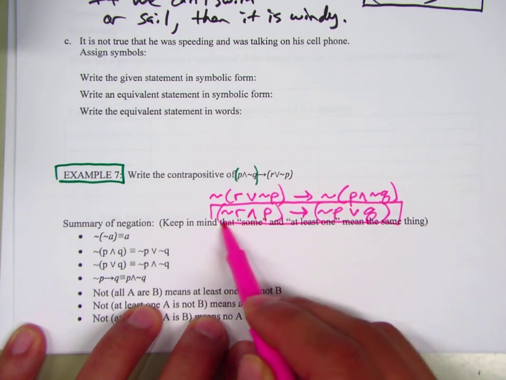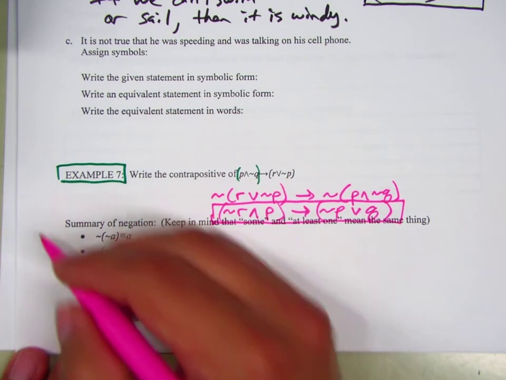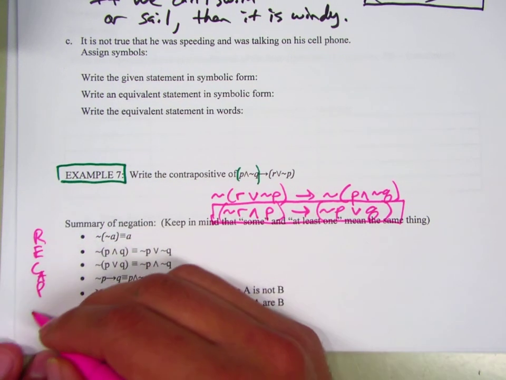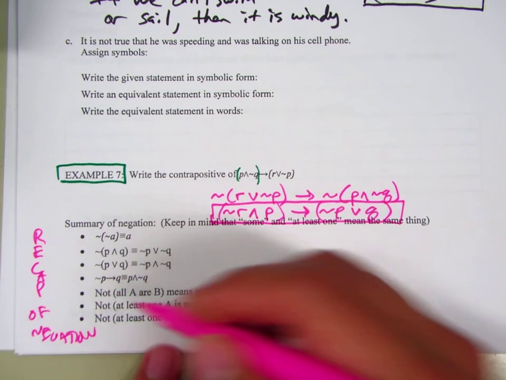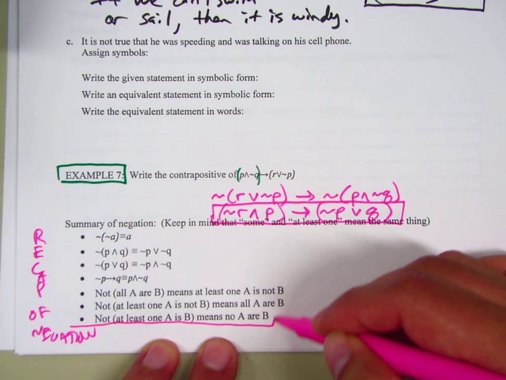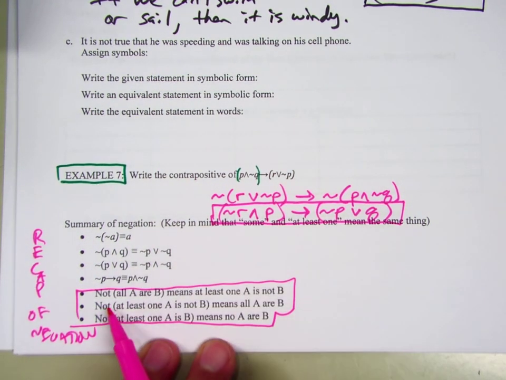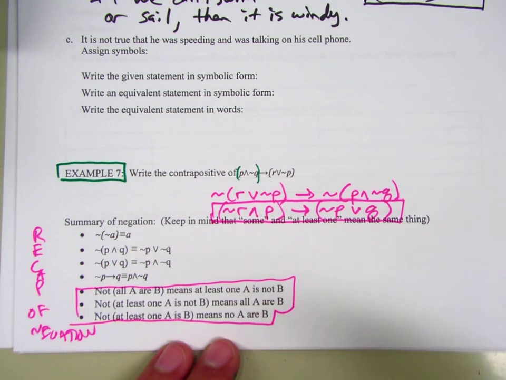And this is now a recap of all the things you should know how to negate. So the very first part of this unit, we talked about these sentences. Not all A are B, right? Or things of that sort. All dogs are cute.